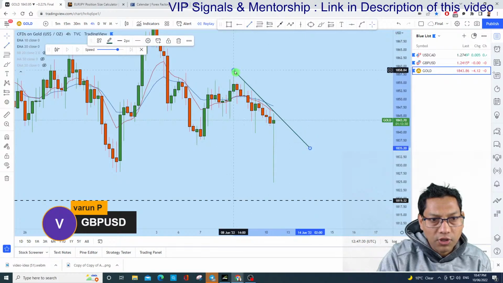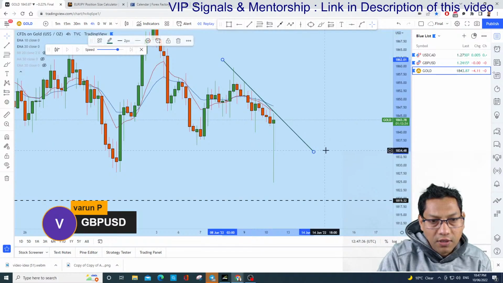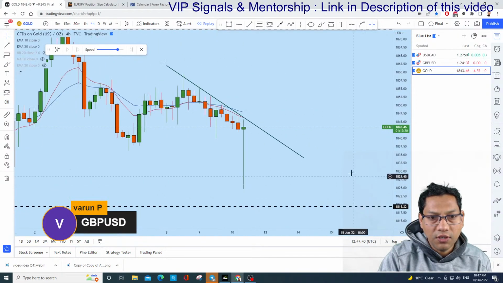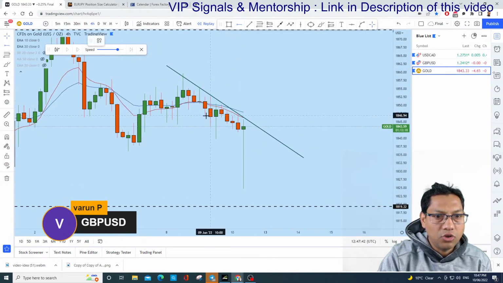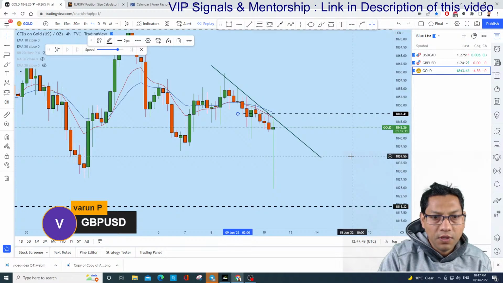Let me draw this. So if it remains within this trend line, gold can give us a selling opportunity. Let me give you the top range for the high. So 1847, 1848 could be okay.